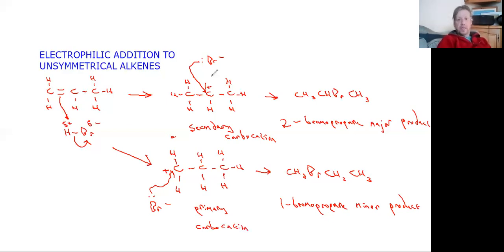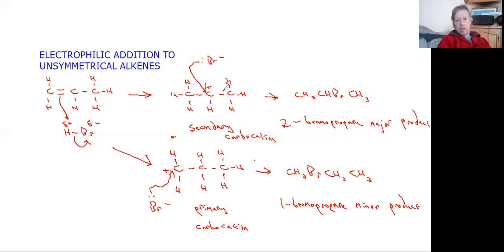Well, this one is more stable than this one. So this is more likely to be formed. And when it is formed, it's more likely to stay around because it's stable. And the thing that stabilizes it is alkyl groups. So this carbon, because it's secondary, it's got 2 alkyl groups. Alkyl just means carbon and hydrogen, unreactive.